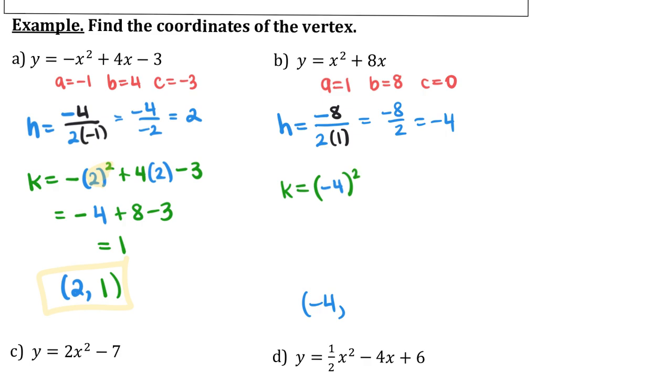On the previous problem, the x value was just +2, so only the 2 in the parentheses. And yes, it makes a difference. Plus 8x. The reason it makes a difference is because when I square this, -4 times -4, negative times negative is +16. Minus 32, which is -16. So my vertex is (-4, -16).